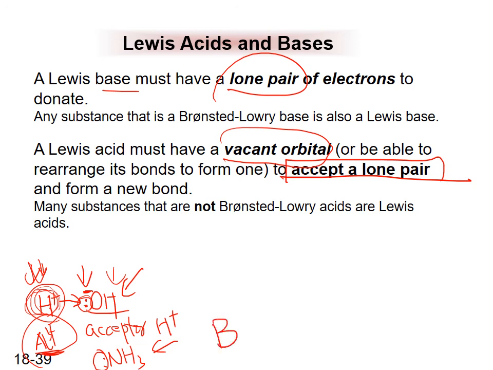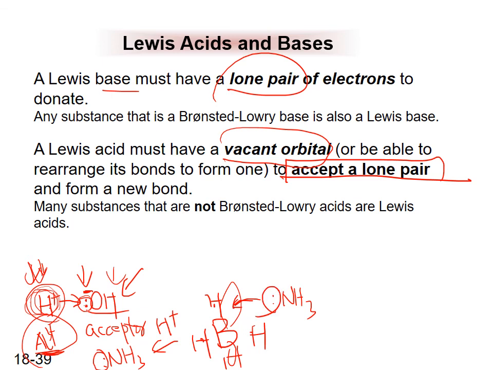Boron is another example that has 3 electrons but has a p orbital that is empty, so it can accept a lone pair electron from ammonia, for example. So let's say borane is a Lewis acid too. Not just proton, but borane is a Lewis acid. It can accept this lone pair electron.